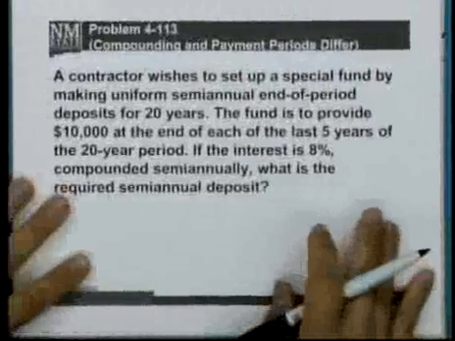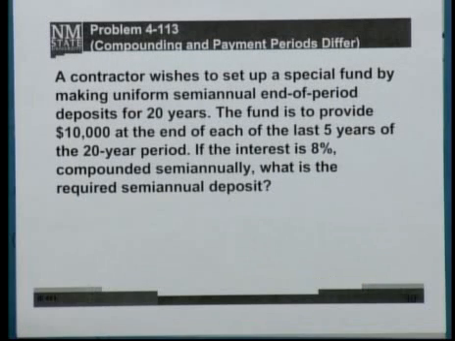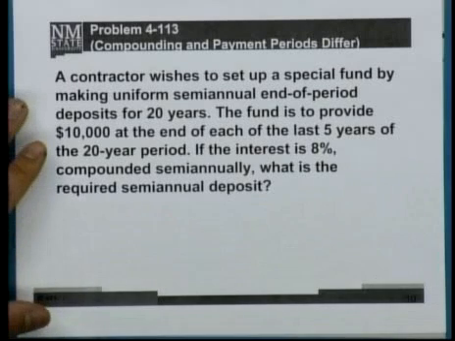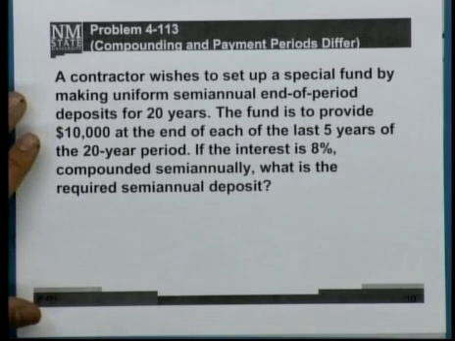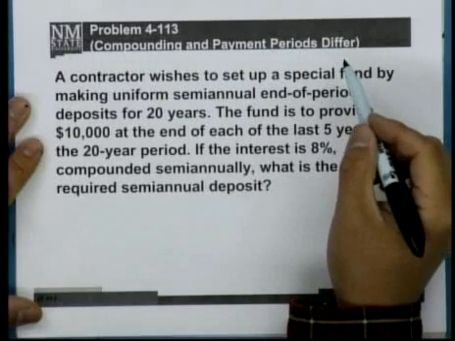Okay, then the next problem that we are going to solve is problem number 113, okay, which is about the case where the compounding and payment periods are different from each other.